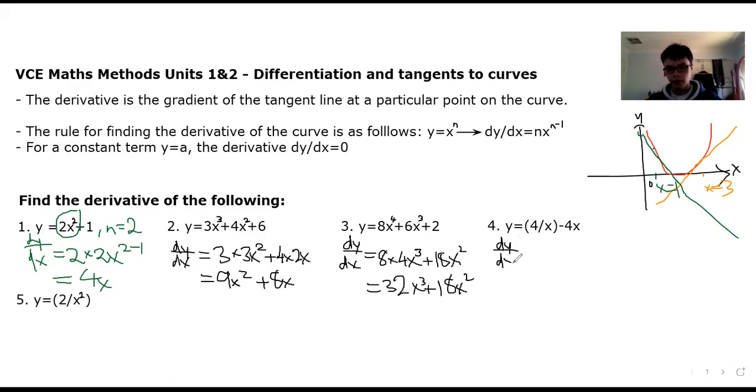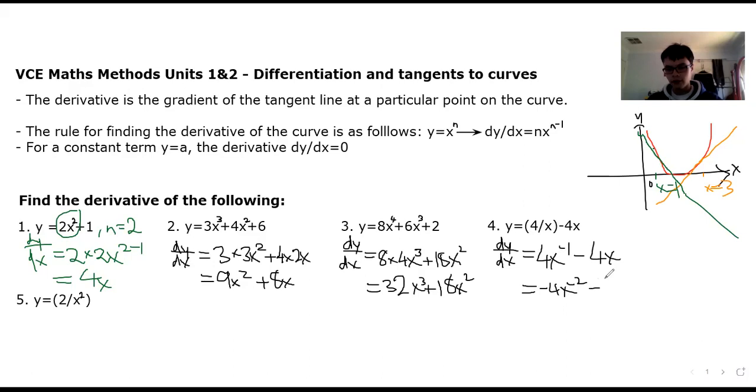So we just have dy dx equals 4 times x to the power of -1, right? And then subtract that by 4x. And then just bring this power of -1 to this side, so we just have -4x to the -2.